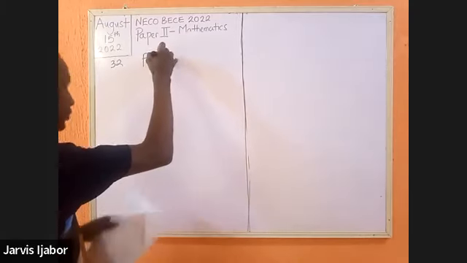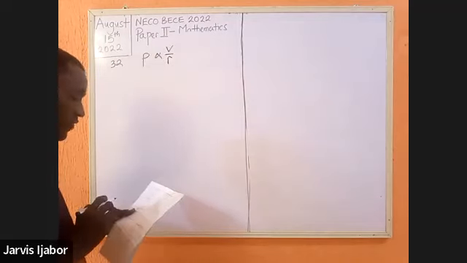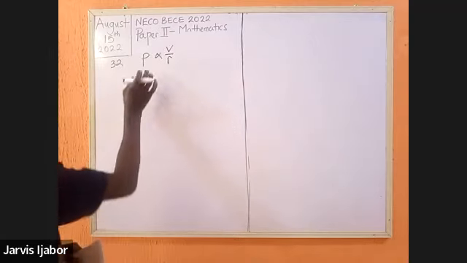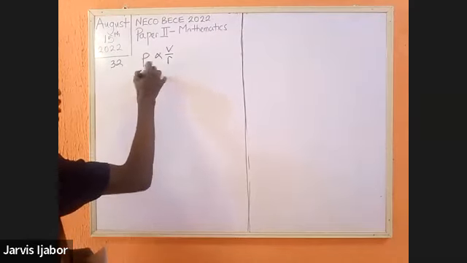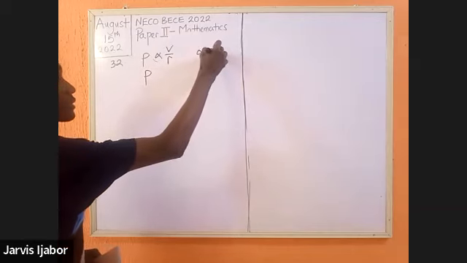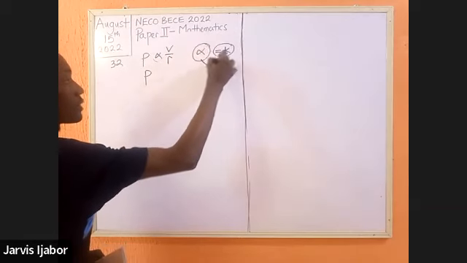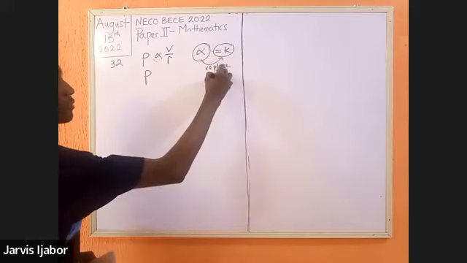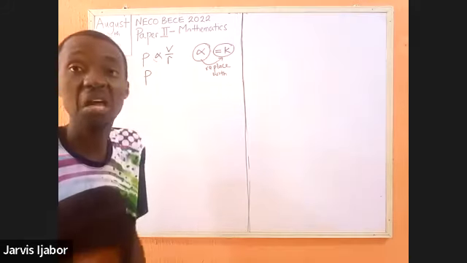P is proportional to V over R. Find K. Remember that what I taught you was this: if this is proportional to this, what this means is that we replace this sign with equal to K. That's all.